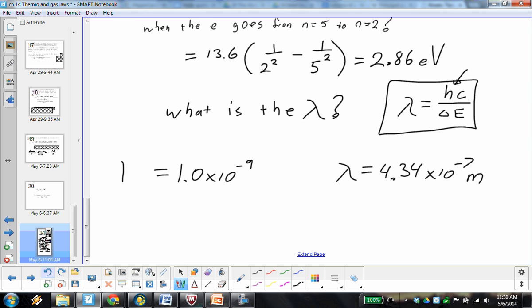One nanometer is equal to 1.0 times 10 to the negative 9th meters. That's the conversion between the two. This is a conversion that you really should know. It will help you to have that memorized, to be able to move the decimal point that many zeros.